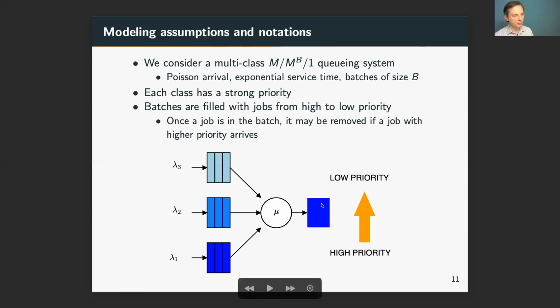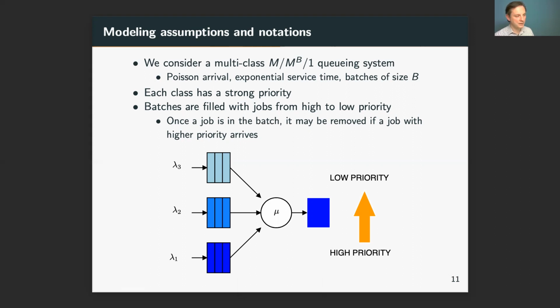When we have to form a block, we pick all the transactions that we can from the highest priority. If there is still free space, we go to the next priority. If there is still free space, we go even to the next priority, and so forth and so forth. So the same block can contain transactions with different priorities.